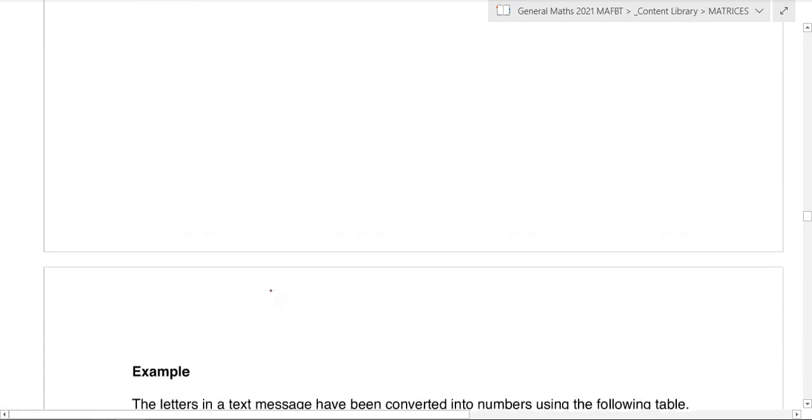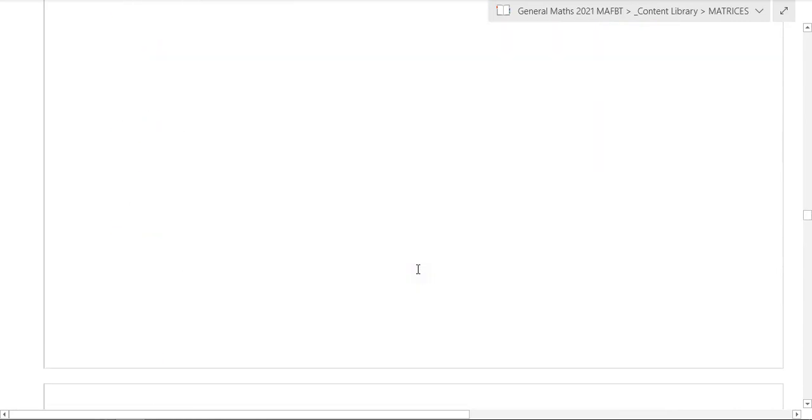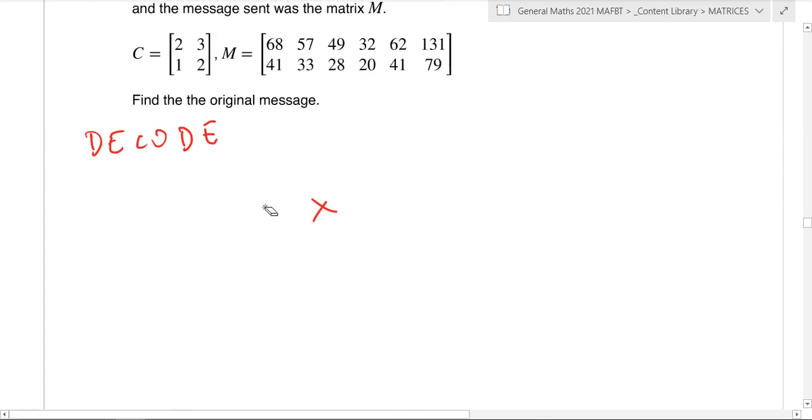So to encode, it's C times M, the original coding matrix times the message matrix, but to decode, I'll write that here. This is how you decode. You have to get your inverse of C multiplied by, I'll write that here, sorry.